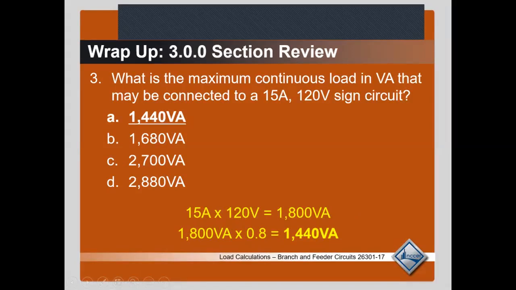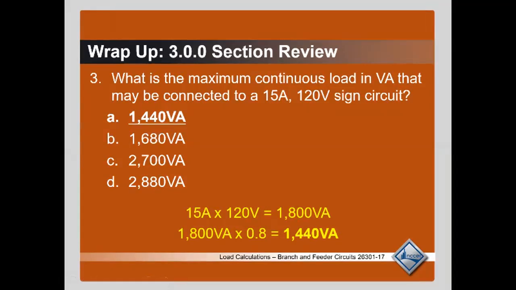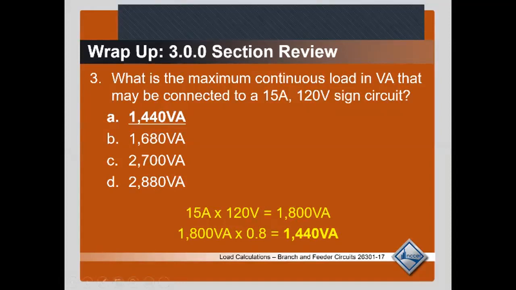Because we use 125% based off of continuous load when it deals with your actual feeder. But when it talks about the actual, how did it say that earlier? It said it right here, and it was very distinctive: continuous load is a load where the maximum current is expected to continue for 3 hours or more.